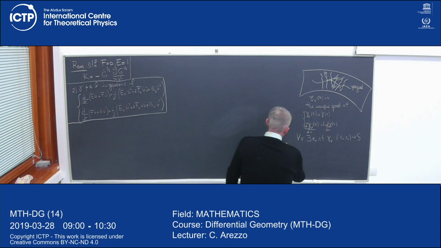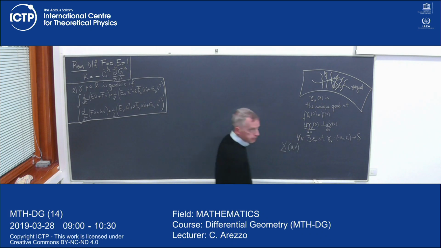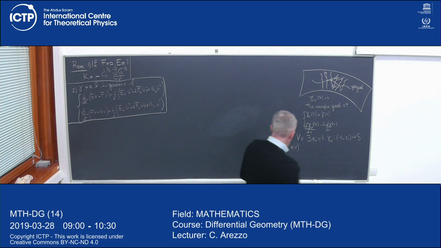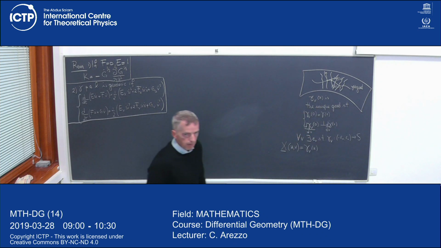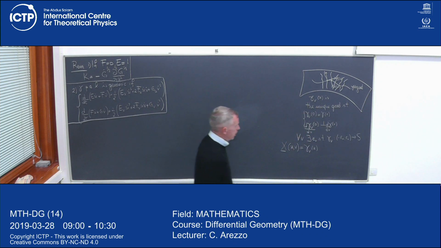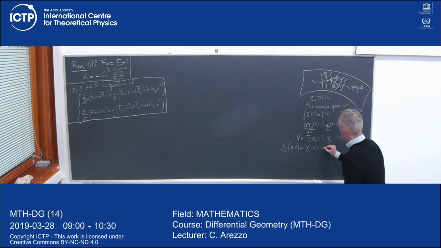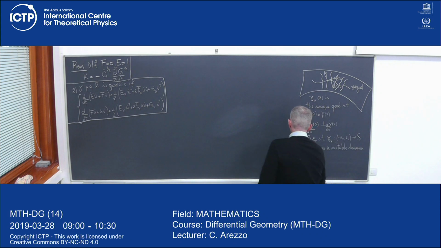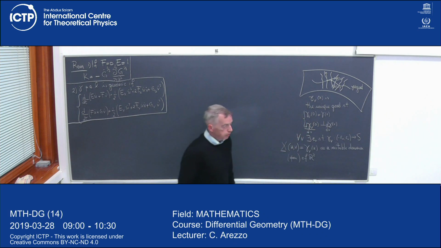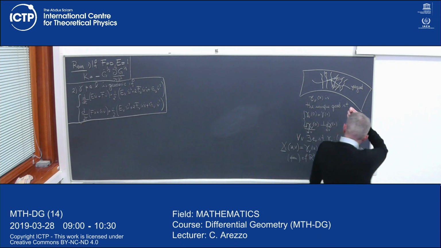I want to construct X of UV, which of course is just going to be, as a map, gamma V of U, on a suitable open domain of R2, which of course contains the origin.